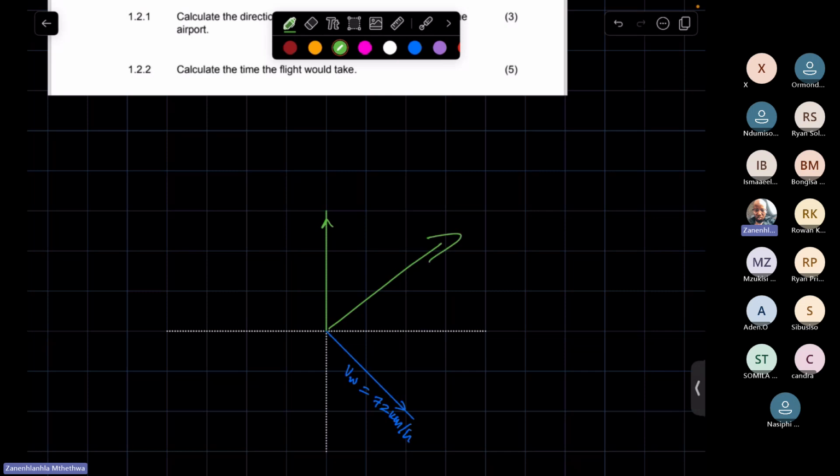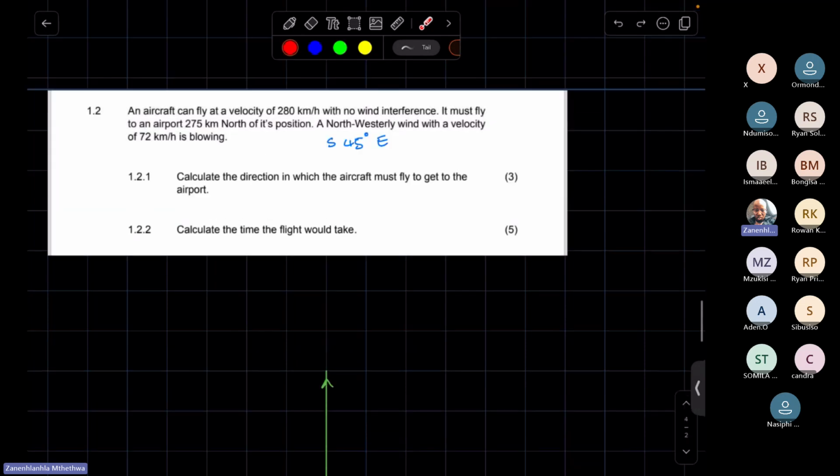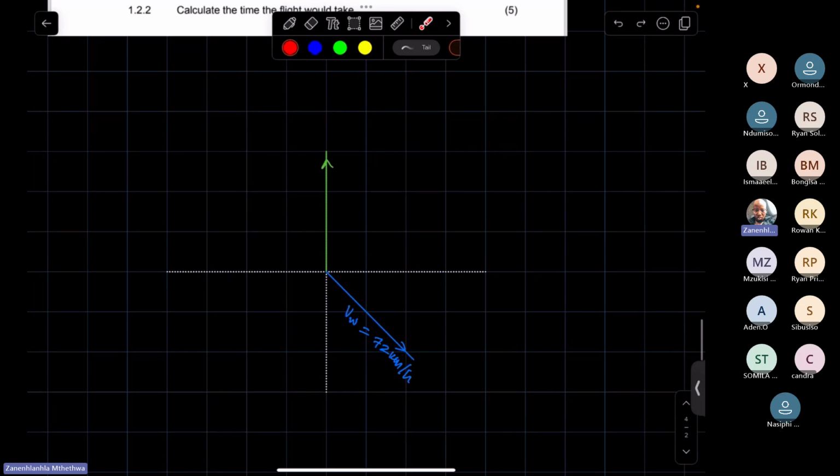Are we agreed here? Sir, can you please repeat that? Right. So we've been told that the plane needs to end up directly north after 275 kilometers. They said it must fly to an airport 275 kilometers north of its position. So we know that this plane must end up directly north of its position. If this is where it took off, it must end up directly north after traveling 275 kilometers.